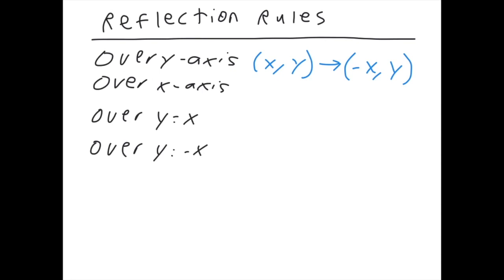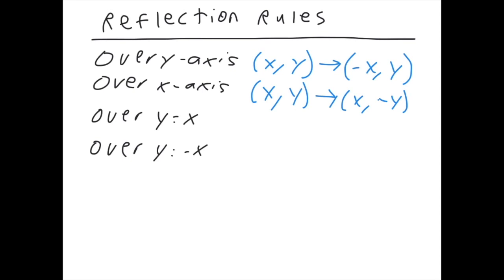Similarly, with the x-axis, we take (x, y) and we turn that into (x, negative y). Because if it's already above the x-axis, that means it's already positive y, and we want to change it to a negative y, and vice versa again.